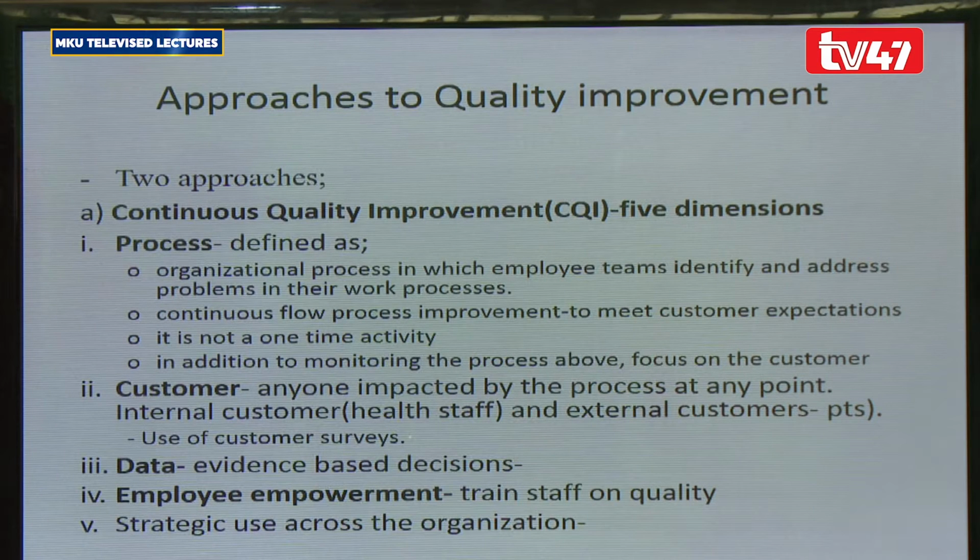We ensure that the quality improvement is a continuous exercise. Quality improvement is not a one-time thing. Once you start it, it has to be continuous throughout. And in addition, in the process, we focus so much on the customer.